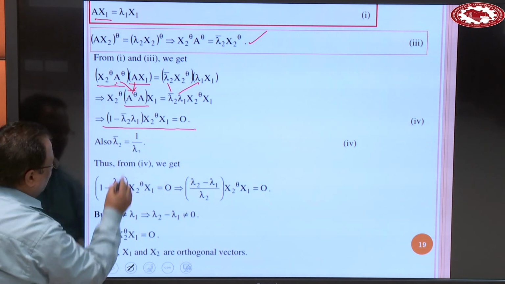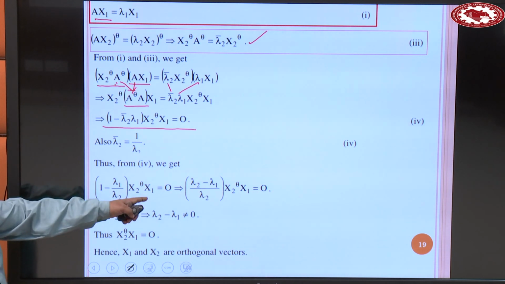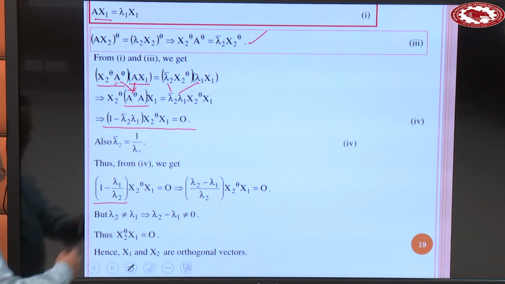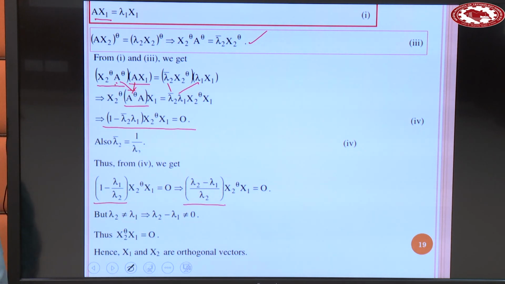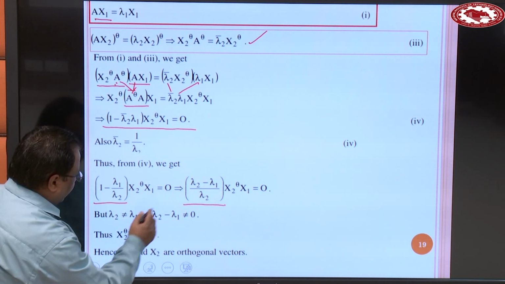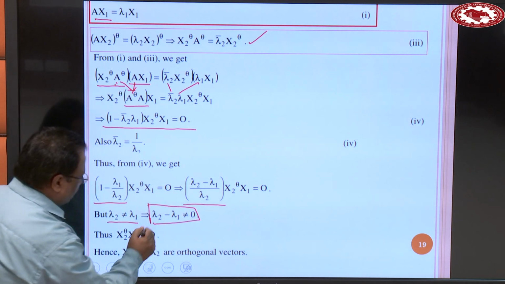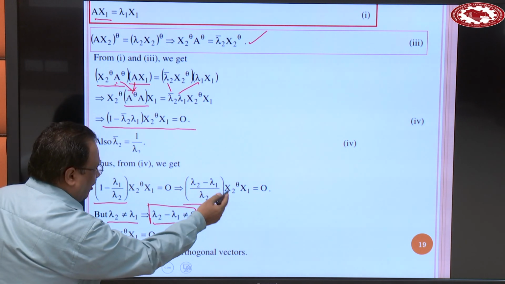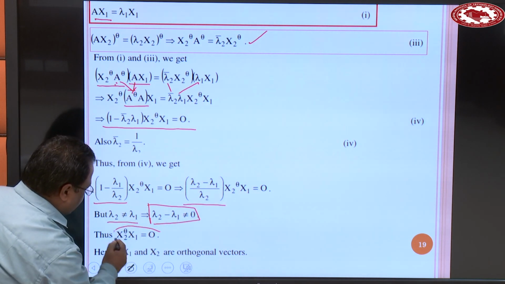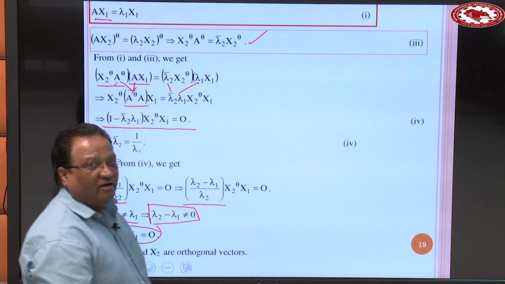So 1 minus lambda 1 over lambda 2 times x2 theta x1 is equal to O, and this means lambda 2 minus lambda 1 divided by lambda 2 times x2 theta x1 is equal to O, but here lambda 2 is not equal to lambda 1. This means this term is not equal to 0. When this term is not equal to 0, clear? Then obviously x2 theta x1 is equal to O. This means x1, x2 are orthogonal vectors.